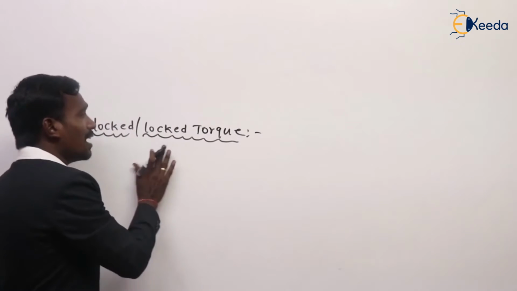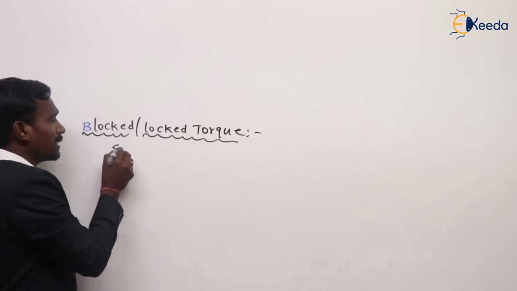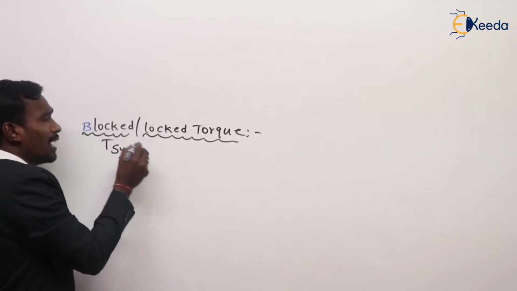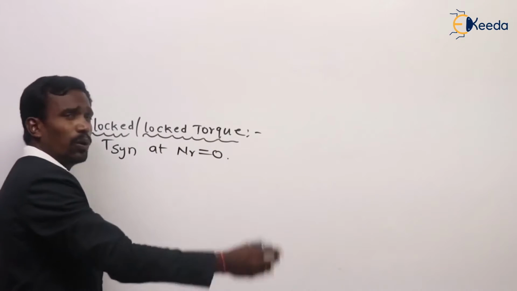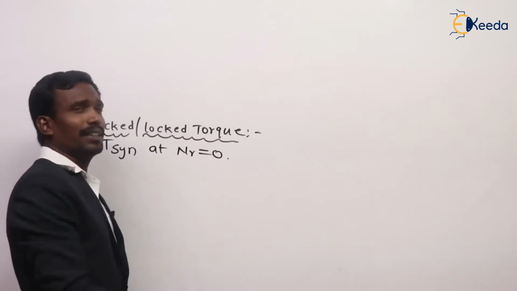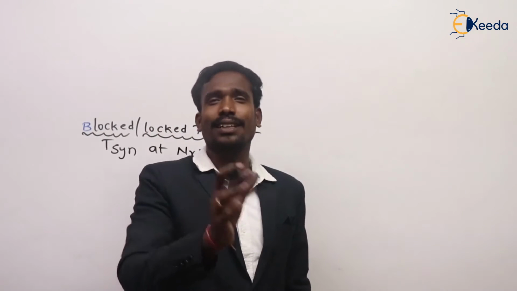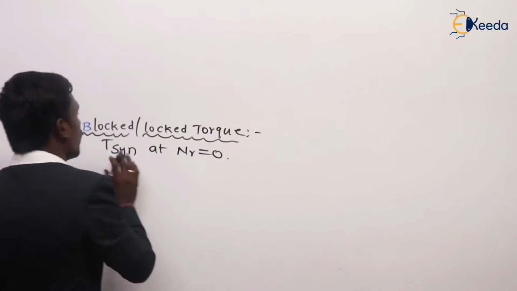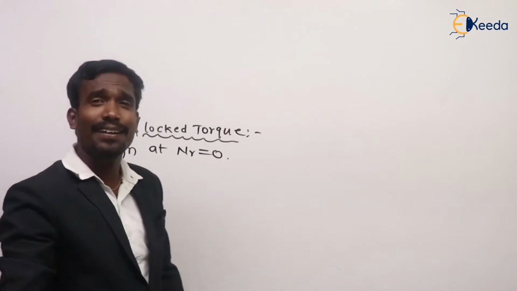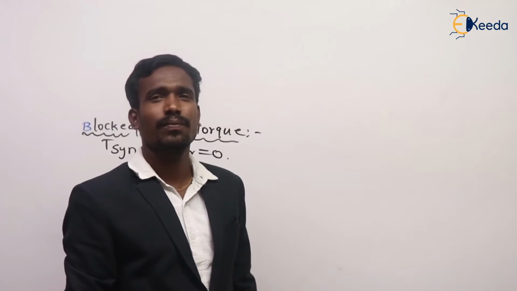Blocked torque or locked torque is nothing but the torque developed by the synchronous motor at NR equals 0, nothing but blocked condition. When NR is equal to 0, at that condition, the torque of the synchronous motor is called blocked torque or locked torque. This is very simple.